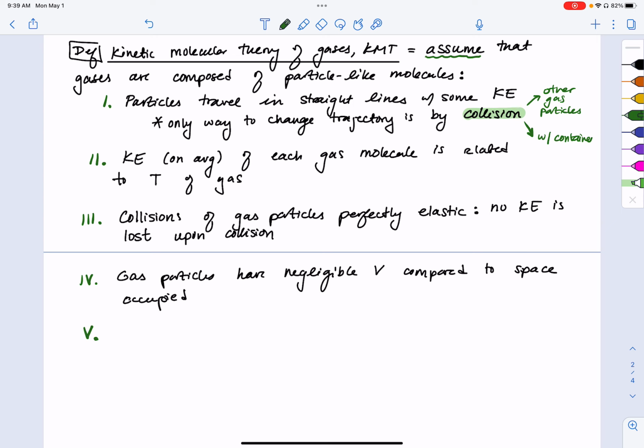And I think, lastly, a really important one to consider, and we'll start thinking about this a little bit more in detail when we start talking about phase changes and then intermolecular forces coming up at the end of the year, is we assume that gas particles in kinetic molecular theory do not interact with one another besides colliding.